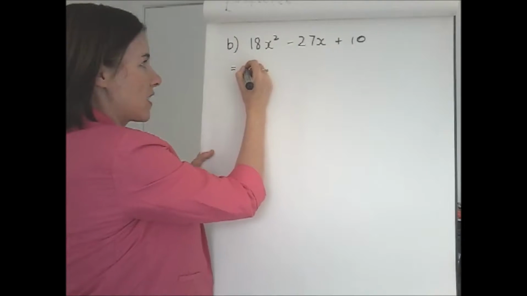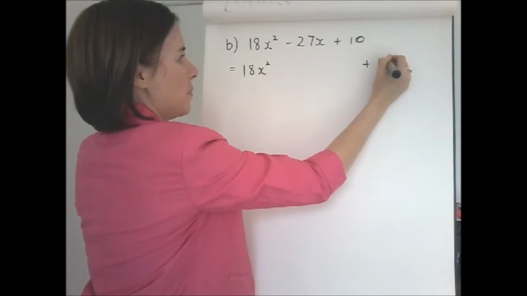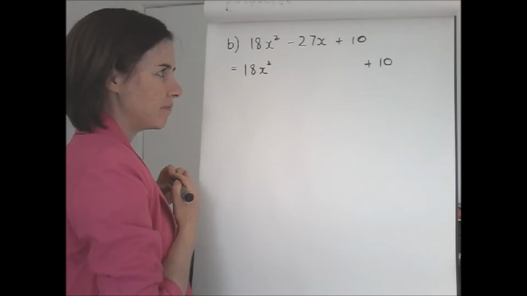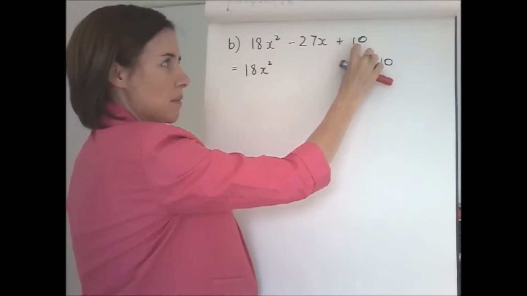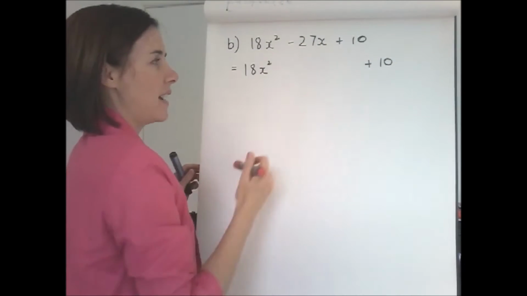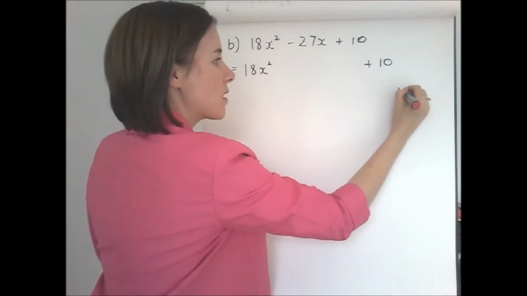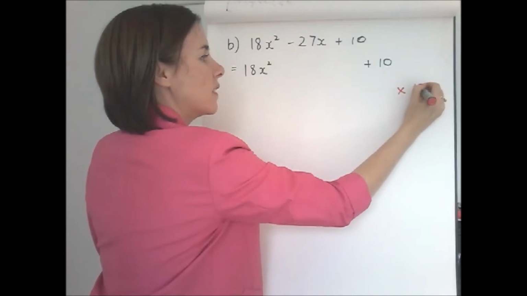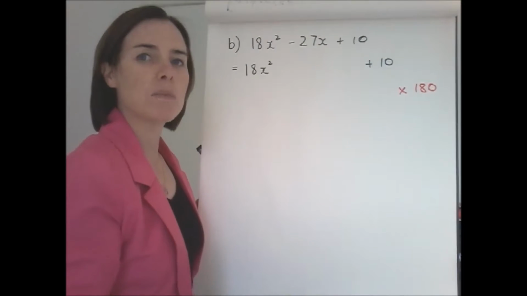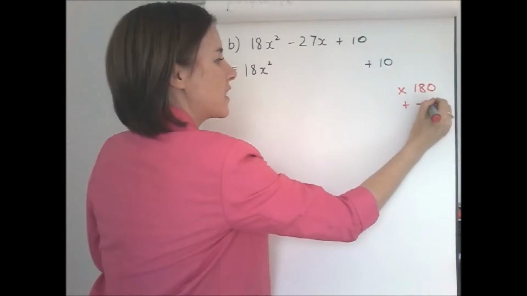What I do is copy down the first term and the last term. Normally I would go looking for 2 numbers that multiply to the 10 and add to the negative 7. But no, I want 2 numbers that multiply to 10 times 18, so they need to multiply to 180, but still add to negative 27.